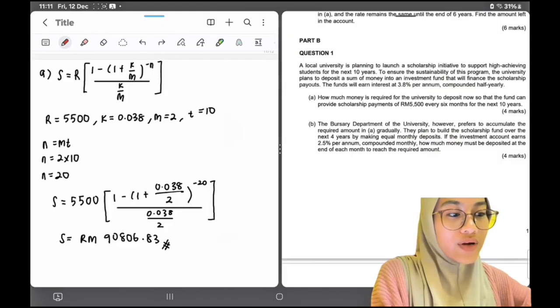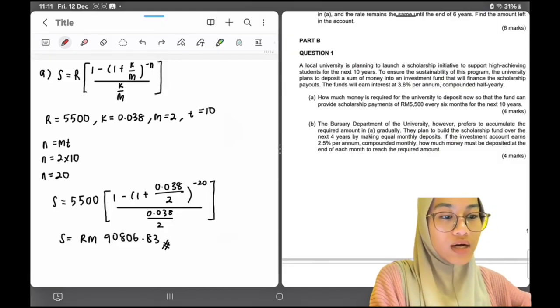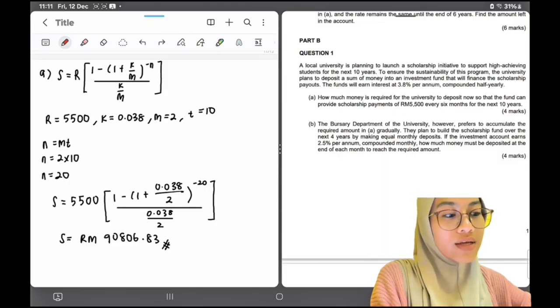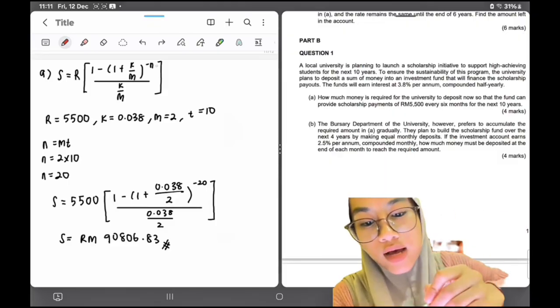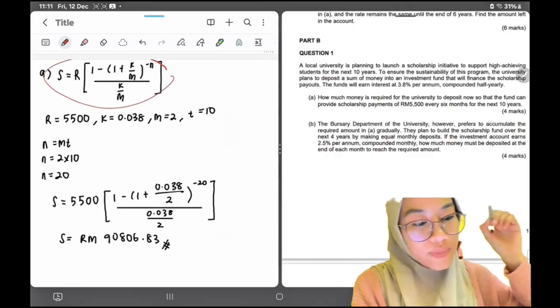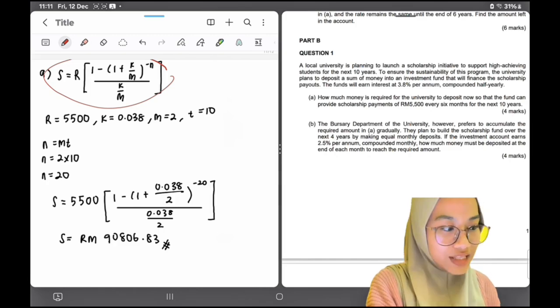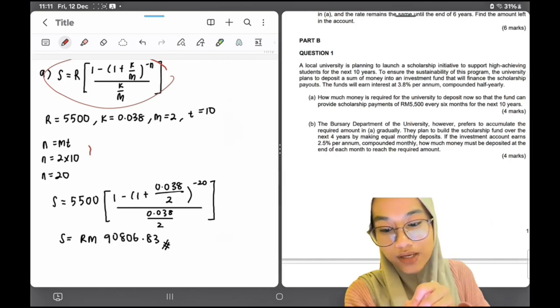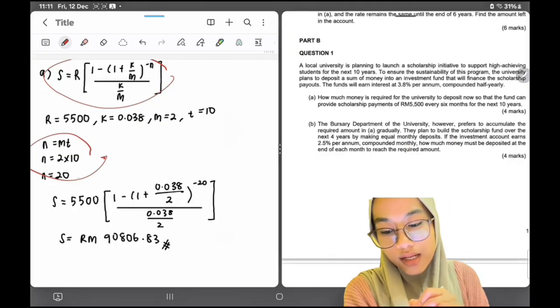Since the interest rate is 3.8% per annum compounded half yearly, the compounding period is twice a year. So I use this formula, but before that, the total number of payments is 10 years times 2 periods per year, so you will get 20.